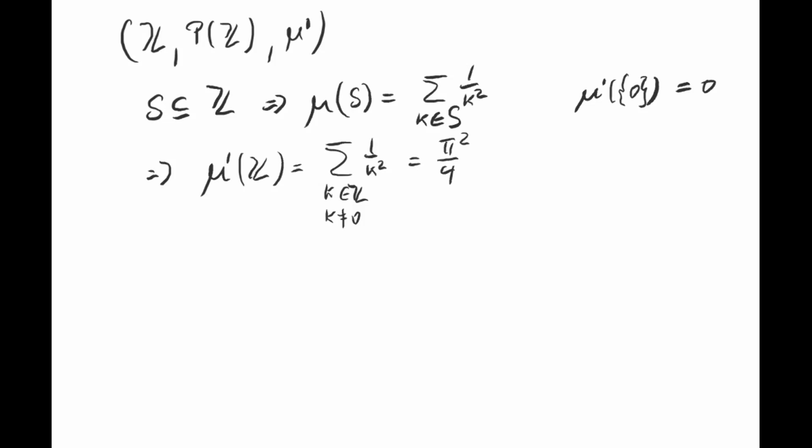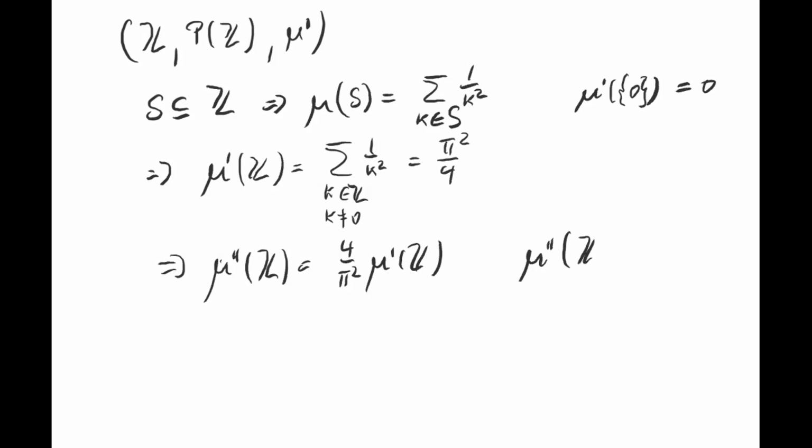And then if we define mu double prime of S to be 3 over pi squared times mu prime of S, this is still a measure, has all the properties, but now we have mu double prime of the entire space is equal to 1. In this situation, it's a probability measure.